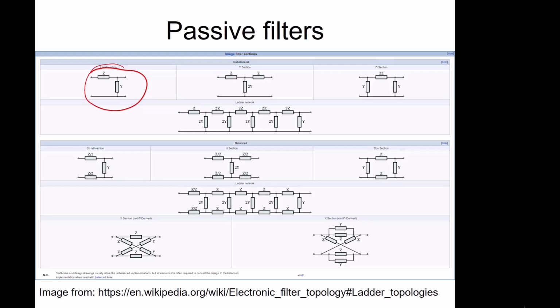As you can see, this is a page from Wikipedia, and there's lots of different arrangements we can use for passive filters. The more components you have, the better performing it will be. So if you're into filter design and want to do more elaborate passive filters, then I recommend having a look at this as a starting point.